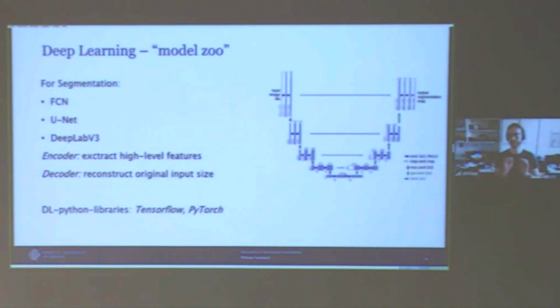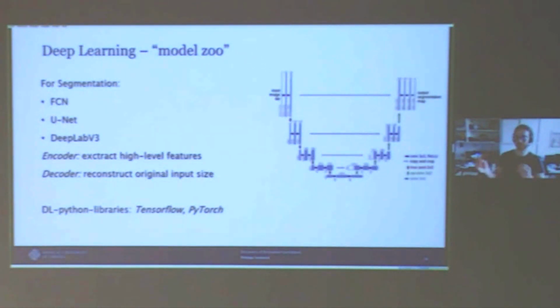And there you have a very abstract representation, I would say, but which is not very localized, of course. So you need a decoder to reconstruct the original size of the input image, because you want to have a segmentation map where each pixel gets a class. So you reconstruct the original size of the image, and this is done in the decoder.